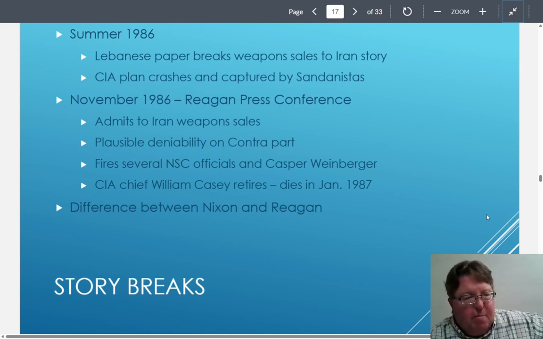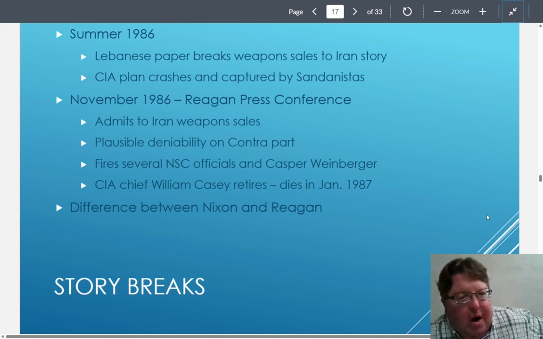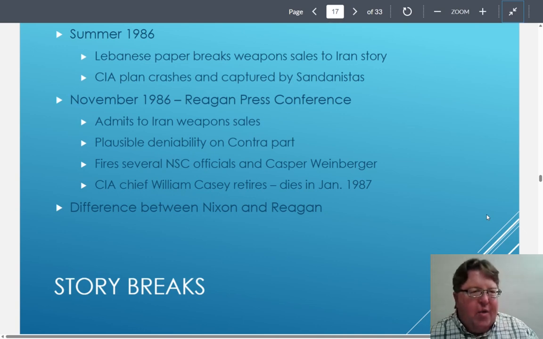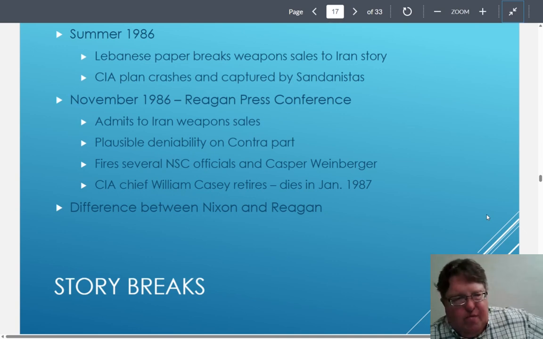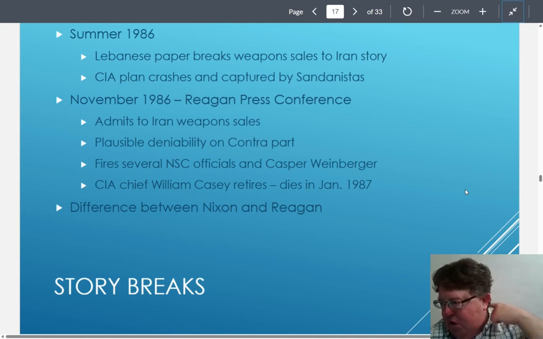So everyone's name that was appearing in the paper under this new scandal, Reagan fired them. So that's one difference between Reagan and Nixon. Nixon didn't come out and go, "Yes, bad things happen, I'm firing everyone." Reagan did. Oliver North's name was all over the papers. He got fired first.